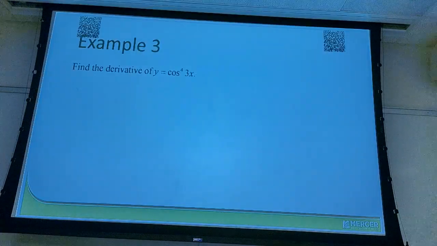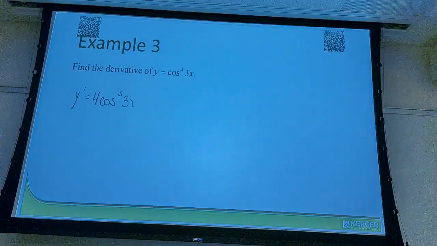What kind of function are we dealing with? Power rule says what? Bring the exponent to the front and keep this exponent at 1. So it'd be what? 4. Or that makes 2. Now work your way in. What kind of function are you dealing with? What does the cosine rule say?